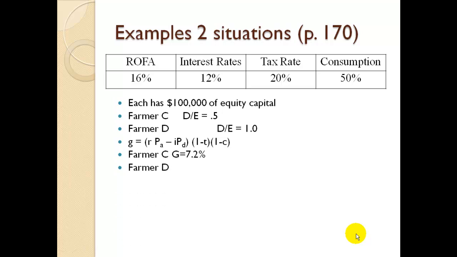Now if we do it for farmer D, their growth rate formula is the same thing: 0.16 times 2, because instead of 1.5 we're multiplying by 2, and the interest rate we're going to multiply by 1 for our debt to equity ratio. This part is still the same.